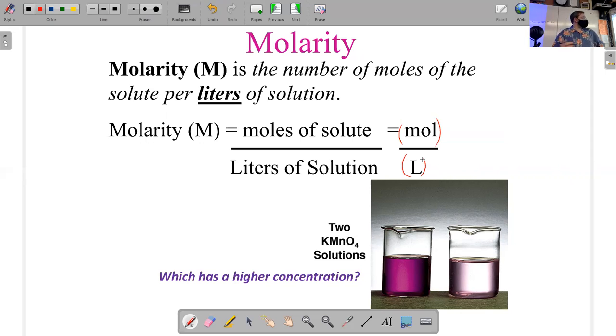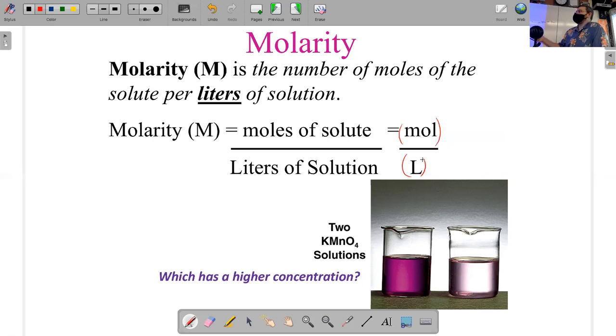So for instance, potassium permanganate, KMnO4, when put in a solution, makes a pink color. If you put a little potassium permanganate in the solution, it's a slight pink like on the right. Or if you have a lot of potassium permanganate, it makes a darker pink color. There you can visually see that the left one has a higher concentration than the right one.